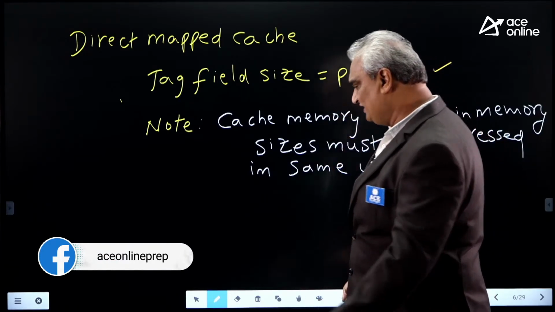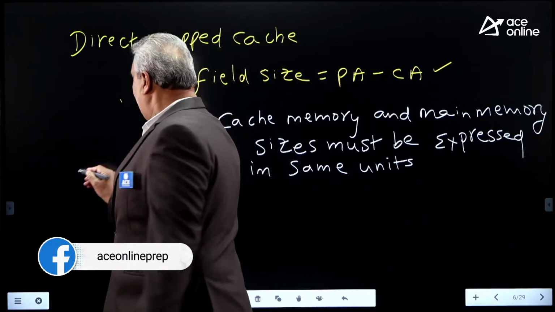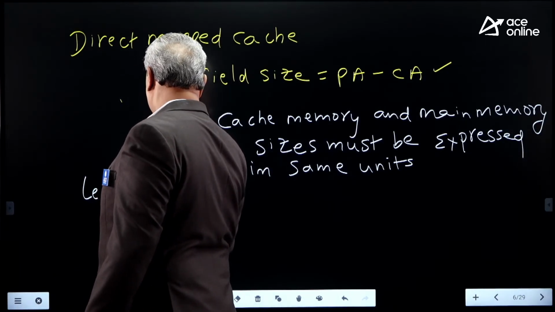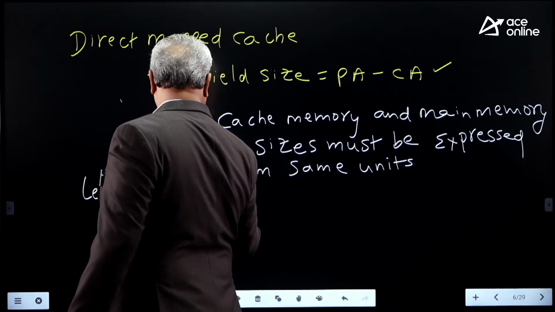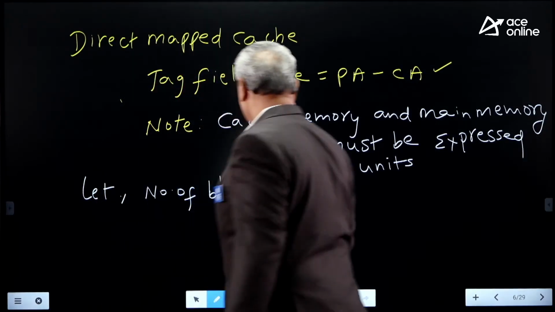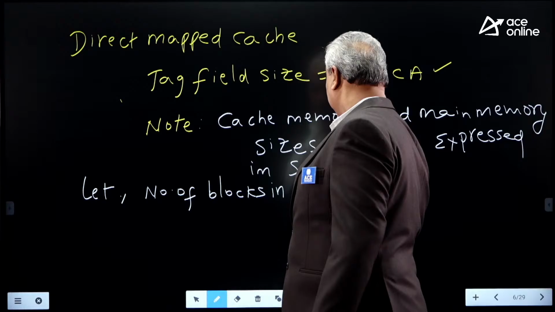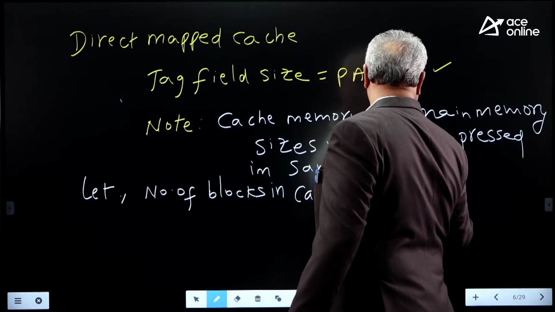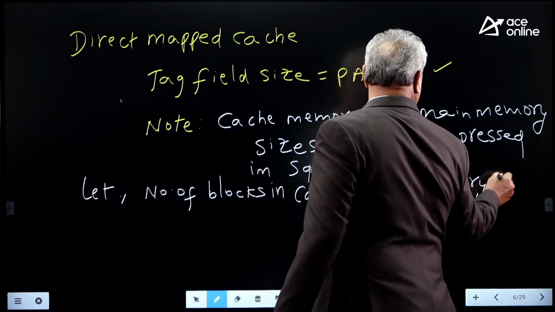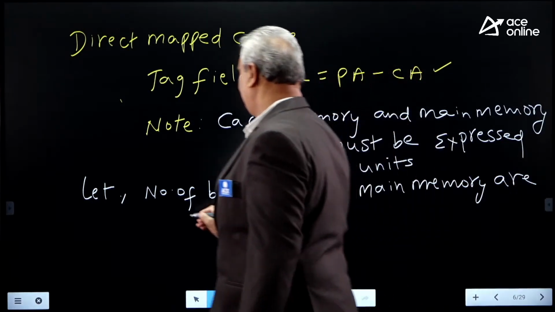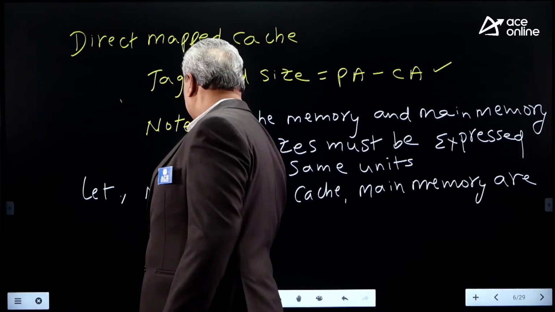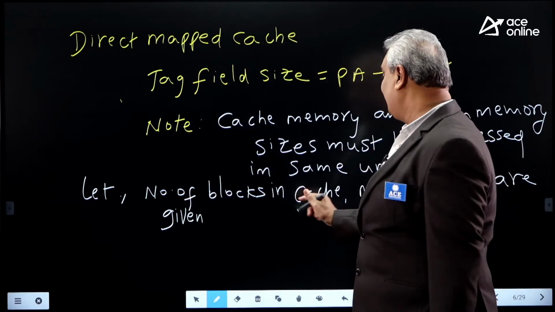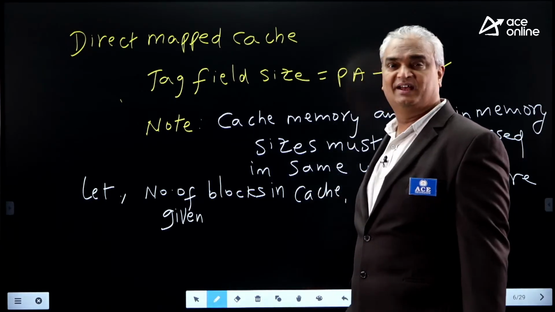Okay, not only this one, sometimes the number of blocks in cache memory and main memory are given, in place of main memory address and cache memory address.